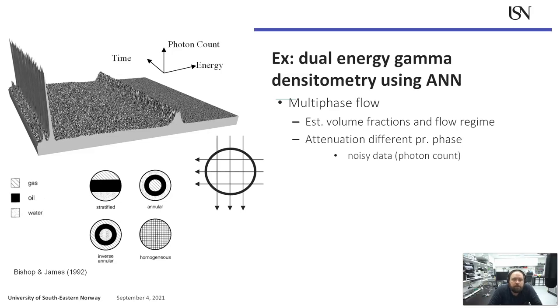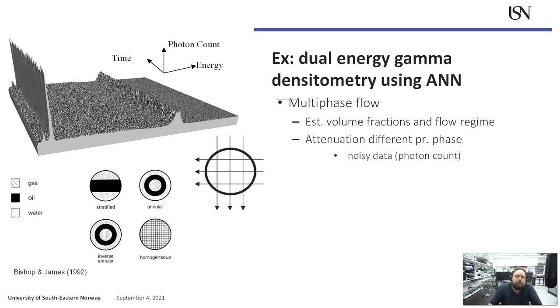And the way this works is that the attenuation of gamma radiation is different for each of these three phases. So by irradiating photons through these containers and counting the number of photons that comes out on the other side, we can create a data set which can then be used as a spectra.